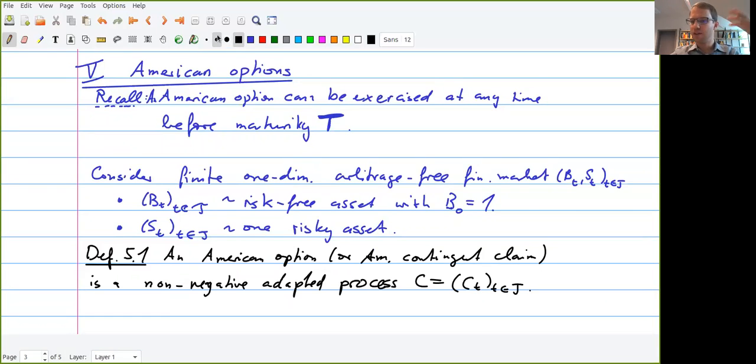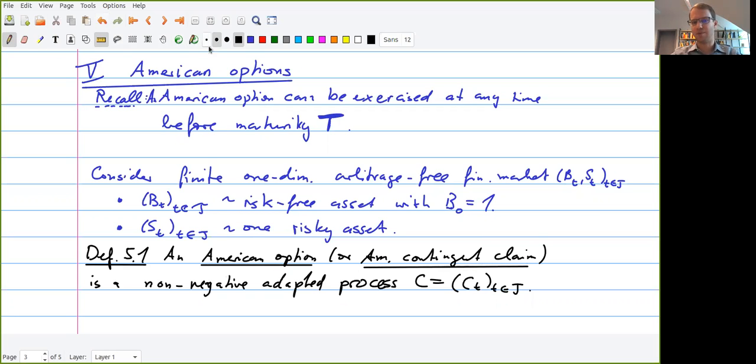The non-negativity assumption here again corresponds to the idea that the holder will not exercise the option if you would lose money. So why should you exercise it? Right, so this is an American option.